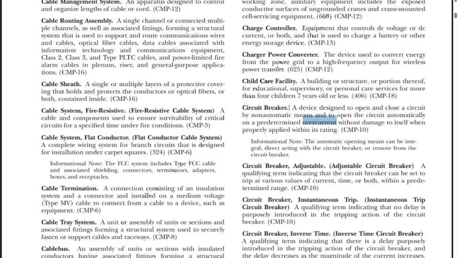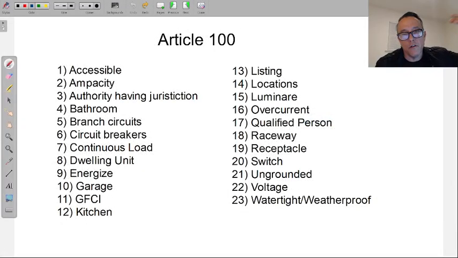That depends on the size of the breaker. Some breakers are 20 amps, some are 30, 40, 50, 60, all the way up to 6,000. So if you have a circuit breaker, the amperage carried by the conductors, by the wires, cannot exceed what the breaker is rated for.